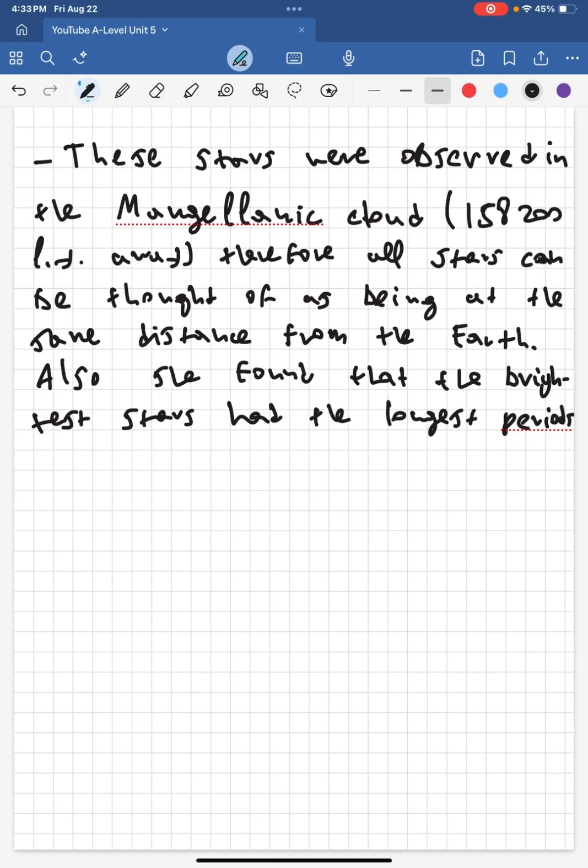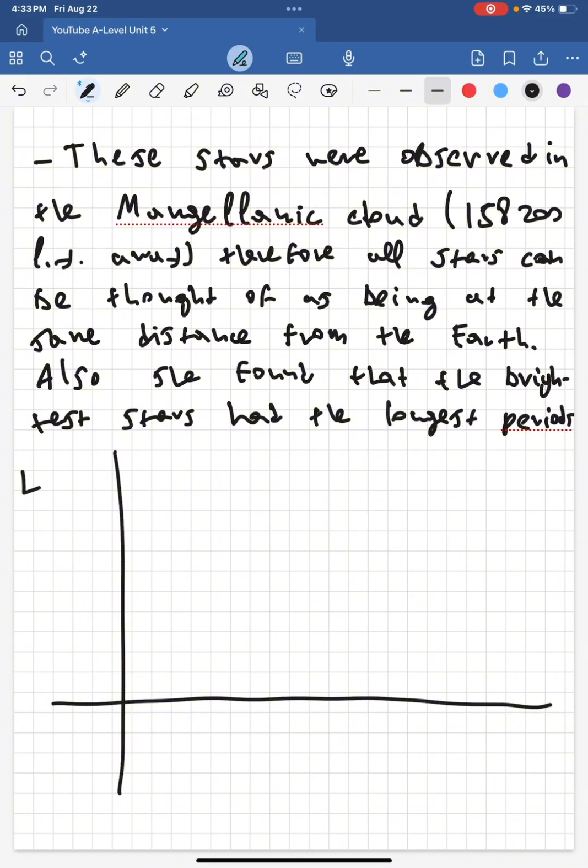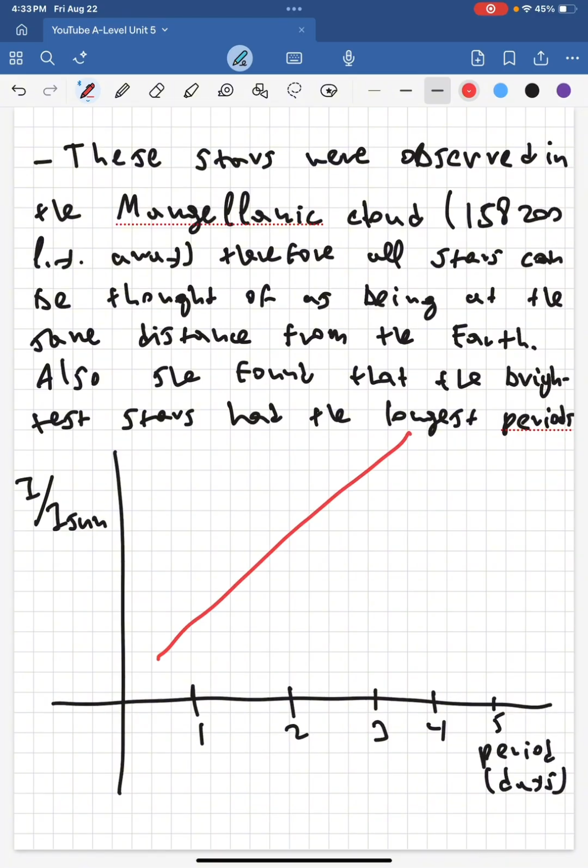Okay, so she plotted the luminosity, actually, let's say the intensity of radiation measured from these stars over the intensity of radiation from the sun as a function of the period in days. Okay, so 1, 2, 3, 4, 5. And what she found was a linear relationship that looked like this.